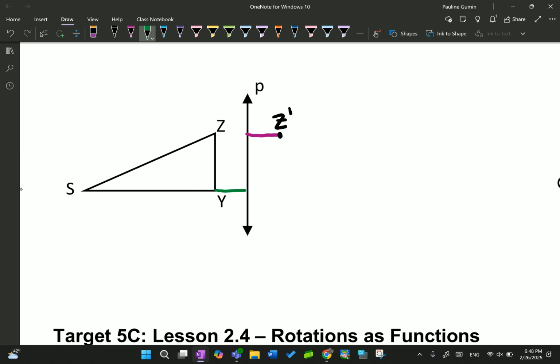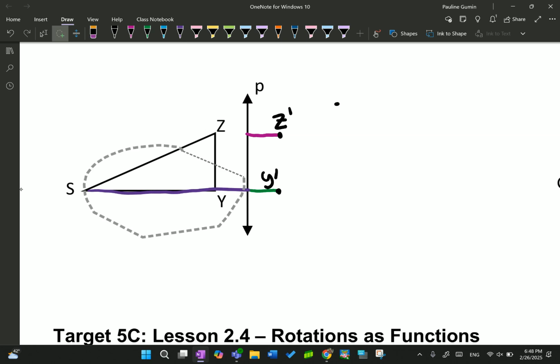Next, I'm going to connect Y to the middle. Copy and paste that distance to the other side. And go back to green. And at the end of it, I'm going to make it a Y prime. And lastly, I'm going to connect S. Oh man, this is a long one to be straight. You could do this, Gumin. There we go. I connected S to the middle.